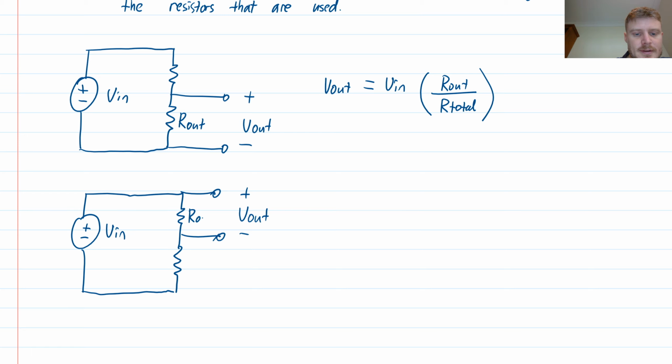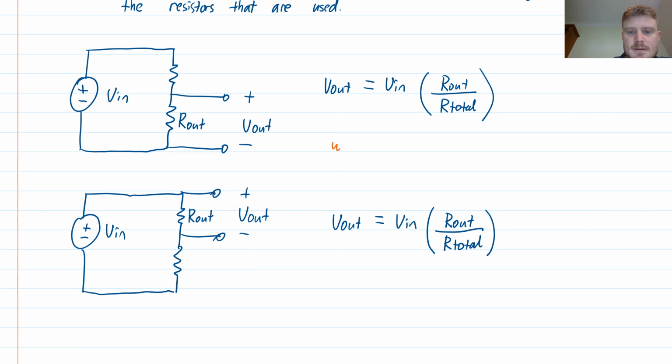Let's call this one R out for the resistance across which the output is defined. And this one is nice because I can use the same equation. So it's V in multiplied by R out, divided by R total. R total here is the sum of these resistors.